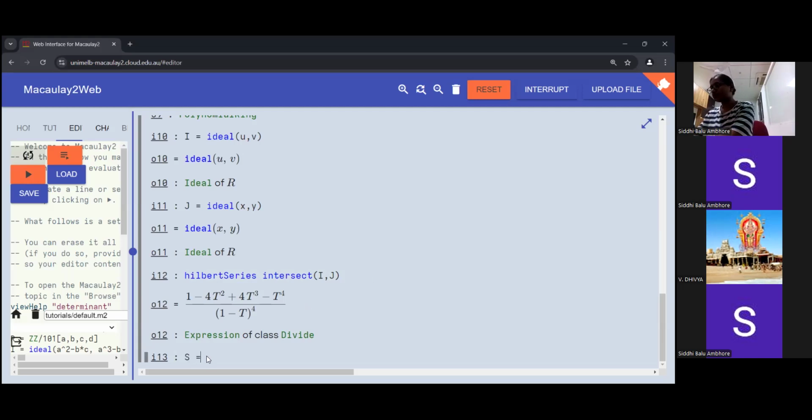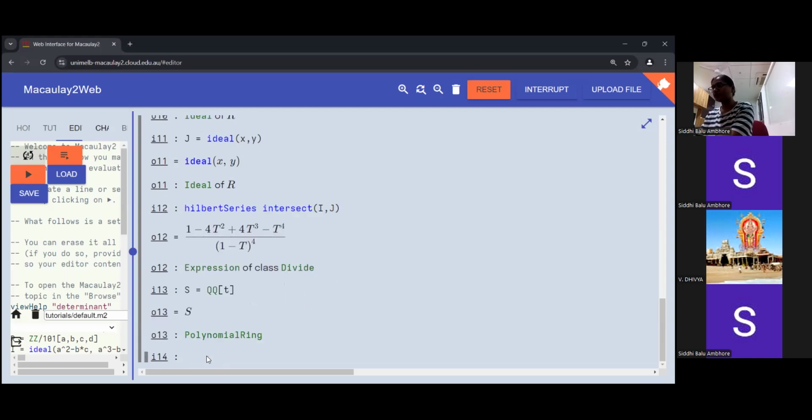Define this to be q(t), and we see this polynomial multiplication: (1 plus 2t minus t square) star (1 minus t) star (1 minus t), right?